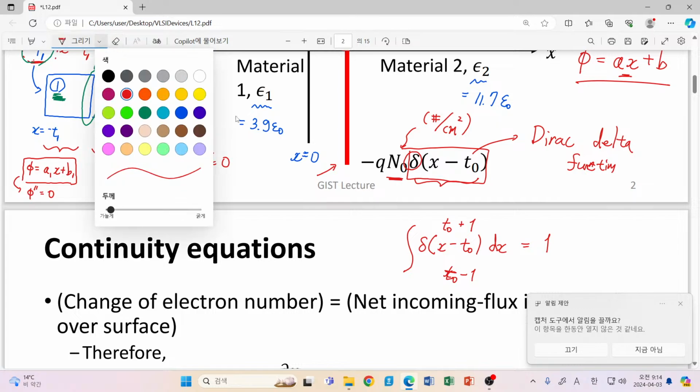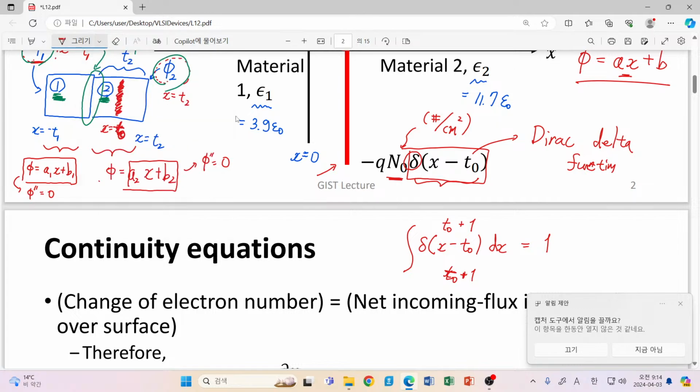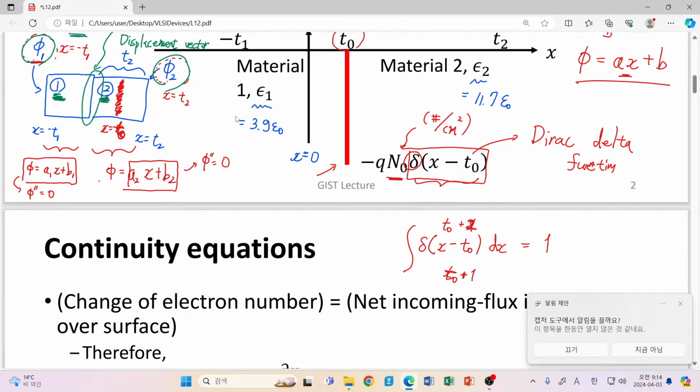So let me do it together with you. For example, let's consider the case where your integration is performed from t naught plus 1 to t naught plus 2. Obviously, this integration interval does not include t sub naught.